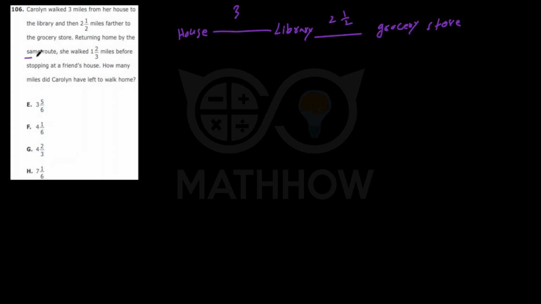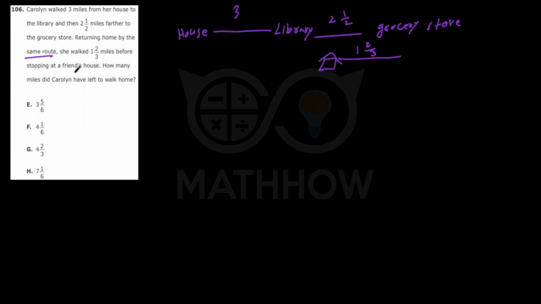Returning home by the same route from the grocery store, she walked 1 and 2 by 3 miles before stopping at a friend's house. Suppose this represents 1 and 2 by 3 miles before stopping at a friend's house. Suppose this is her friend's house.